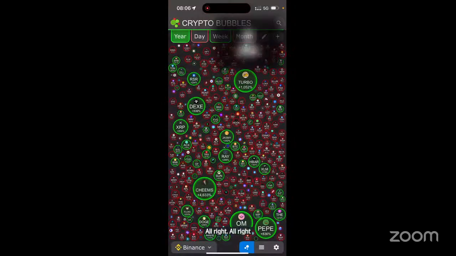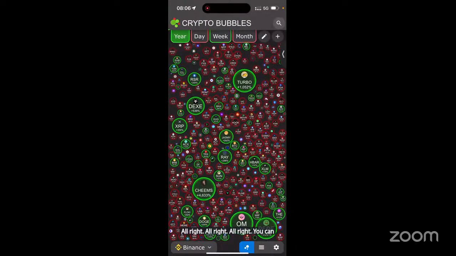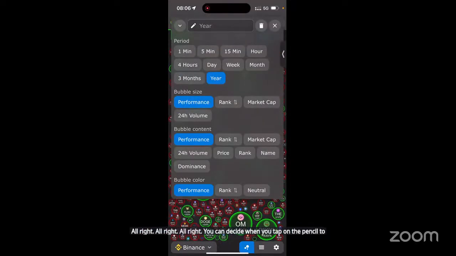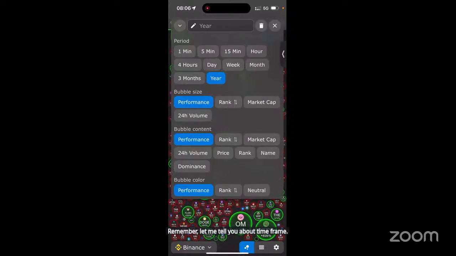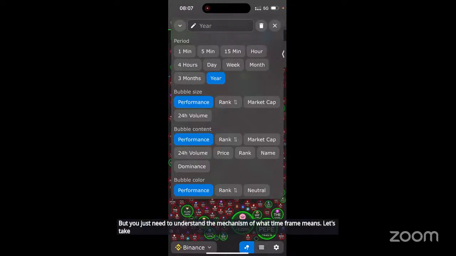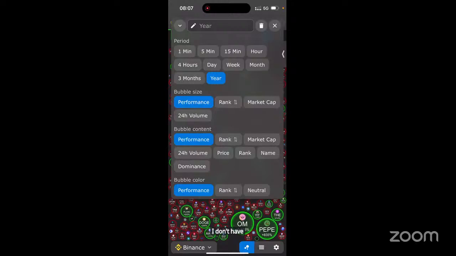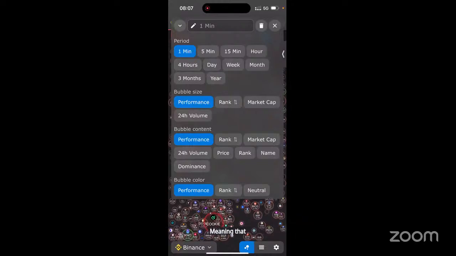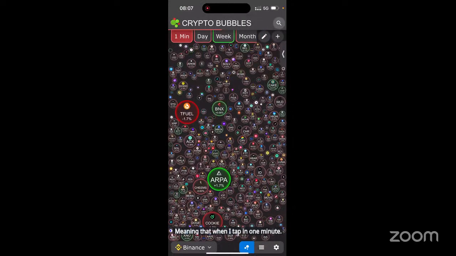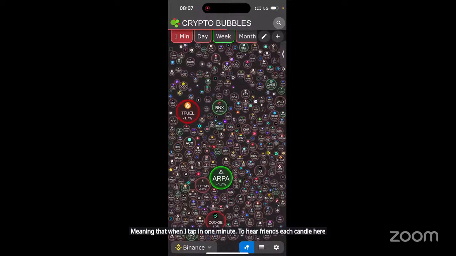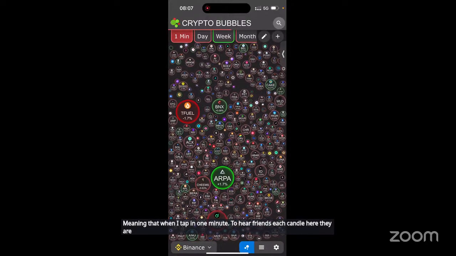All right. So you can decide when you tap on the pencil what time frame to look at. Remember, let me tell you about time frame. There is no best time frame, but you just need to understand the mechanism of what a time frame means. Let's take an example here. When I tap 1 minute, look here, friends, each candle gives me its performance in 1 minute.